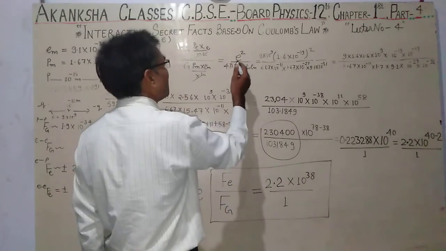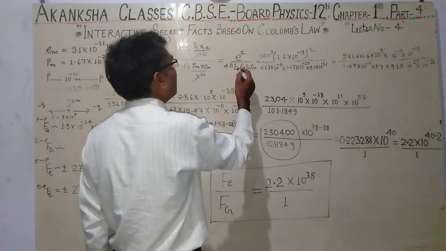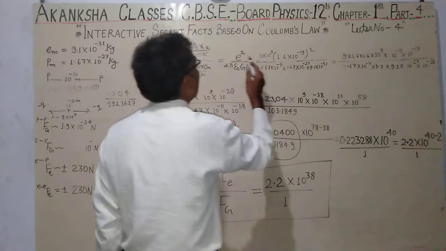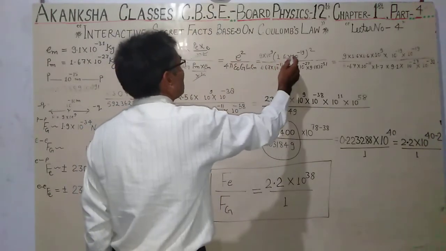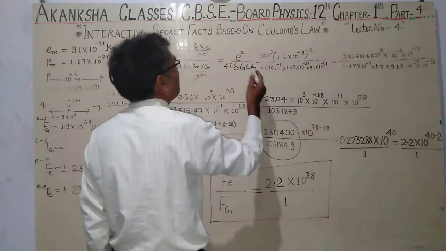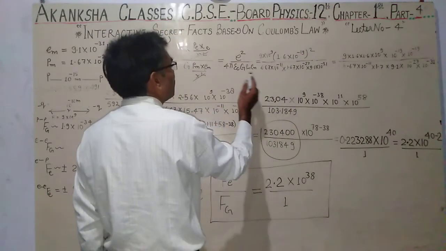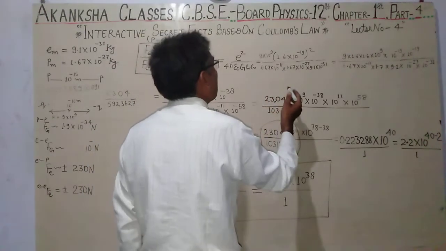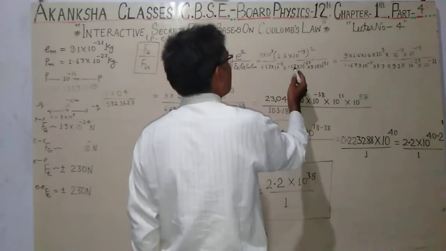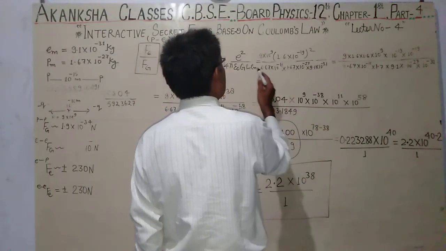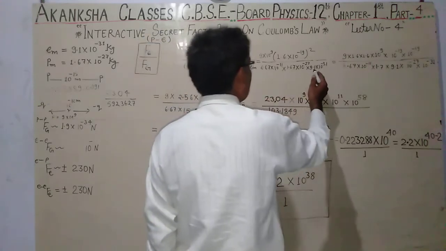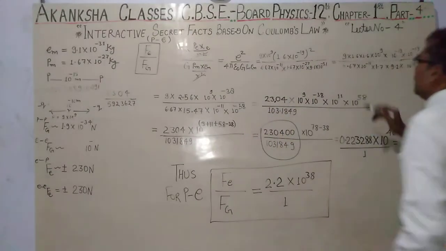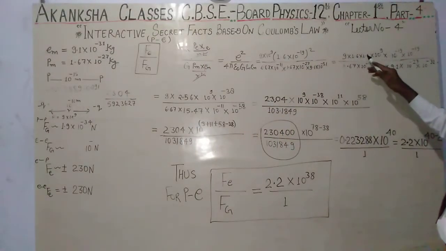The value of 1 by 4 pi epsilon naught is nearly 9 into 10 power 9, into the square of charge 1.6 into 10 power minus 19, by the respective values of capital G, 6.67 into 10 power minus 11, multiplied by mass of one proton, 1.67 into 10 power minus 27, while the mass of one electron is 9.1 into 10 power minus 31 kg.